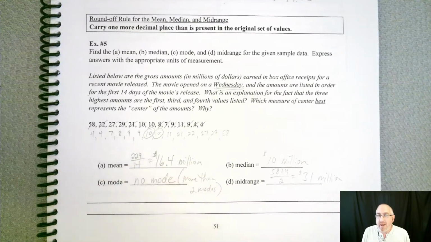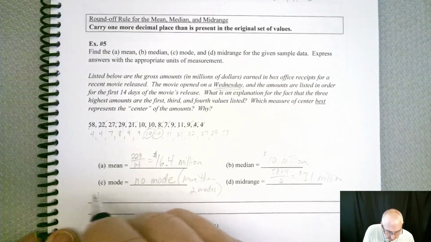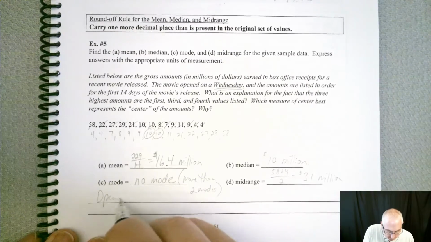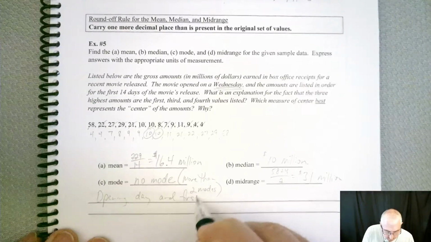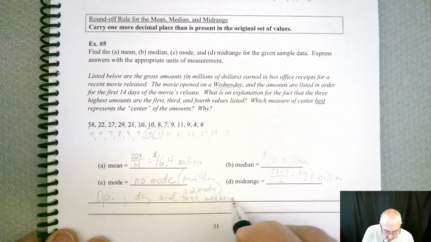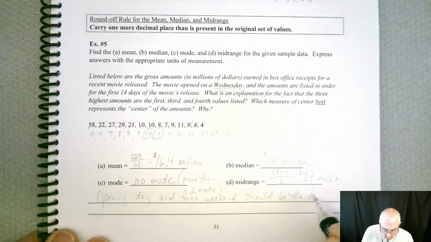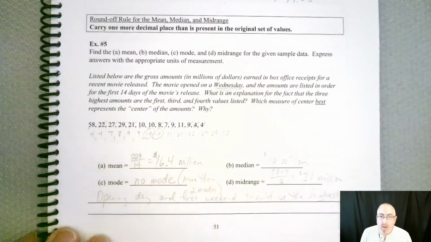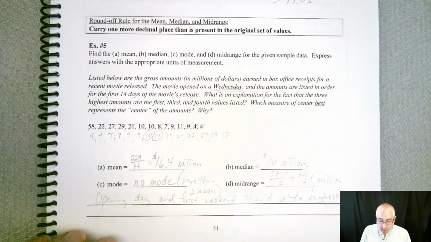So the first weekend, of course, it's going to have a lot of box office sales on the weekend, first opening weekend. So opening day and first weekend should be the highest. All right, so that's kind of the idea. And you can phrase it however you want. I'm not going to get too crazy about that.